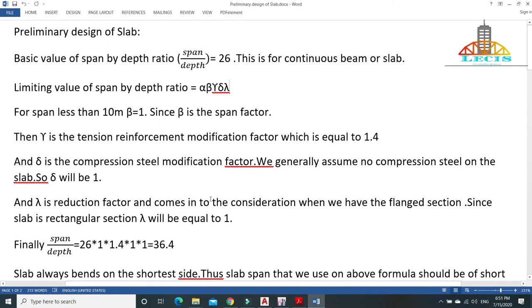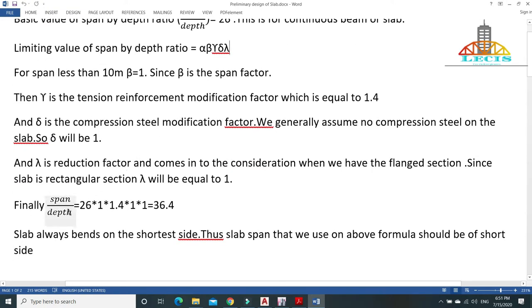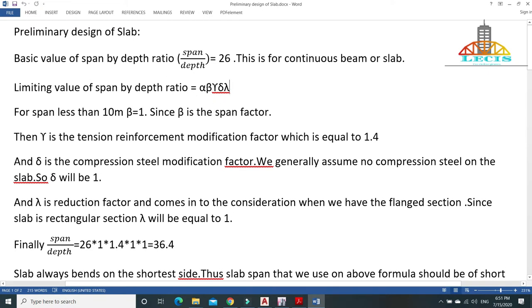The basic value of span by depth ratio was 26 for continuous beam or slab, but I already said we can use a higher value than this depending upon our condition. Now finally span by depth equals this basic value 26 into beta span factor. Since our span is less than 10 meters, we can use 1, into gamma, the modification factor for tensile reinforcement, which we found out to be 1.4 from the graph in the IS 456 code.